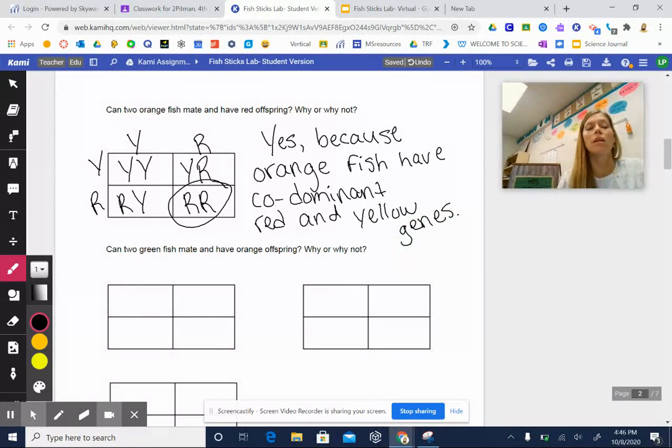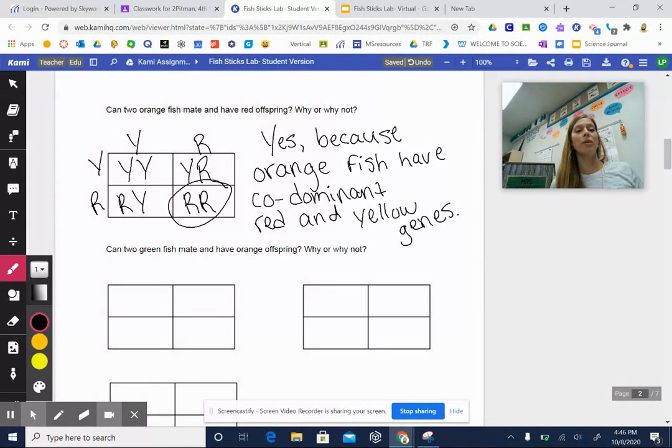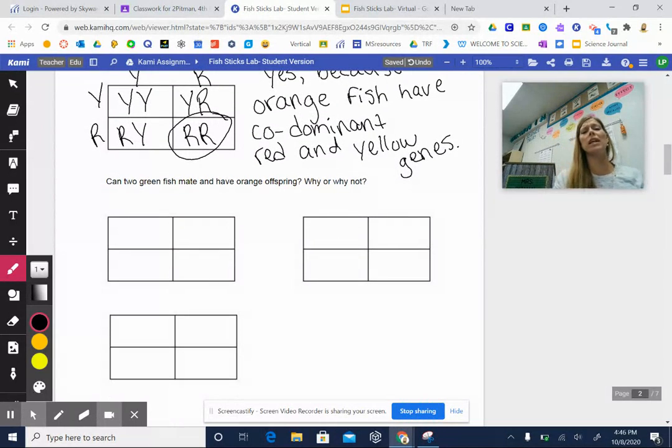Because there's always a red gene involved in making an orange fish, we know that the offspring can receive that red gene. Okay, here it says, can two green fish mate and have orange offspring?